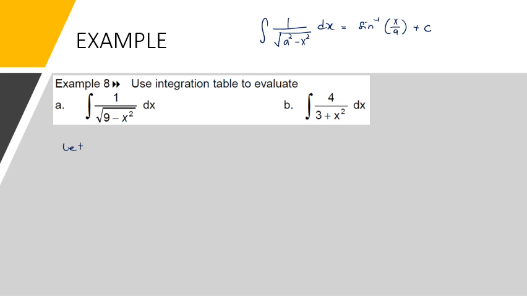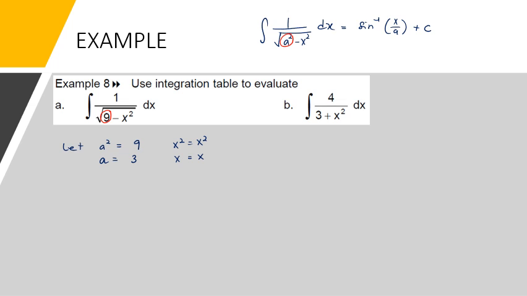Let a squared equal to 9, so our a is equal to 3. And then x squared equal to x squared, so x is equal to x.